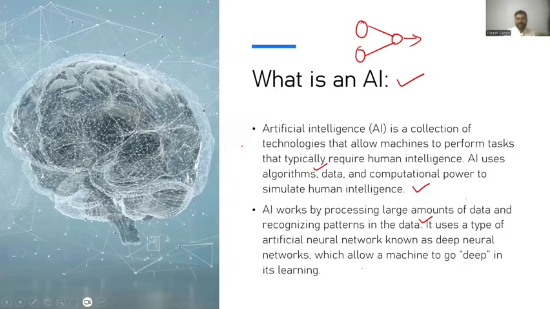Remember what an AI can do. AI can do a lot of things. It can see in a detailed way. It can calculate much faster than humans. It can perform visual diagnosis.